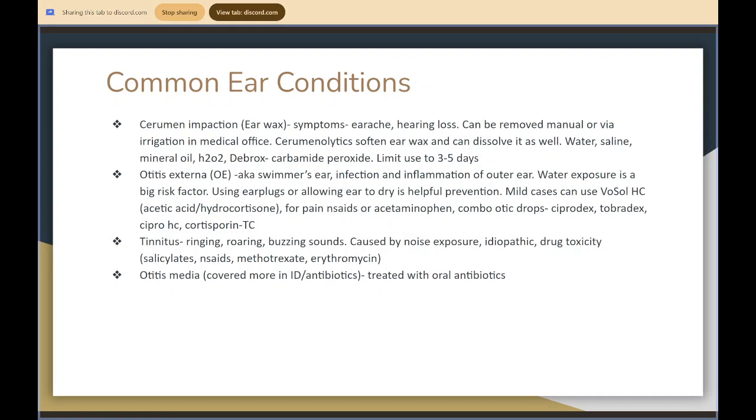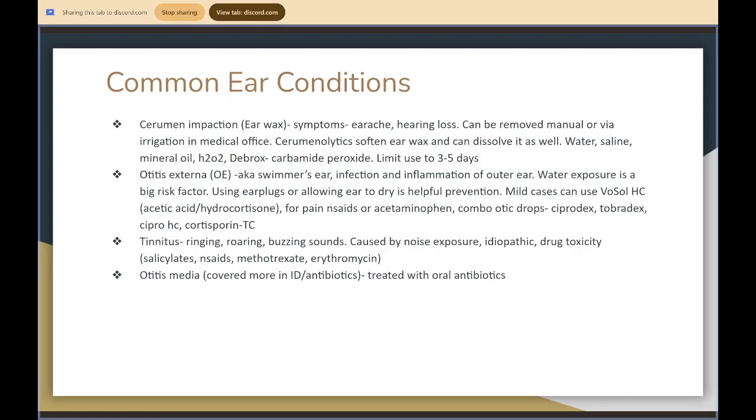For mild cases, Vosol HC, which is acetic acid and hydrocortisone, is an option. For pain, you can use NSAIDs or acetaminophen. And for moderate or severe cases, you can use combo otic drops.